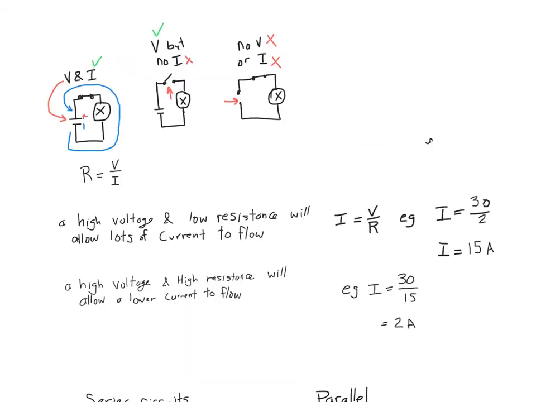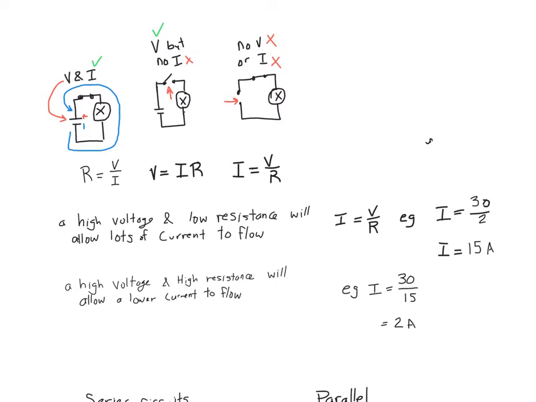So as you know, we have our formula, resistance is equal to voltage over current, and we can easily rewrite that to represent the different variations here, which are V is equal to I times R, and I is equal to V over R. And they're all the same thing, but they're just written differently.